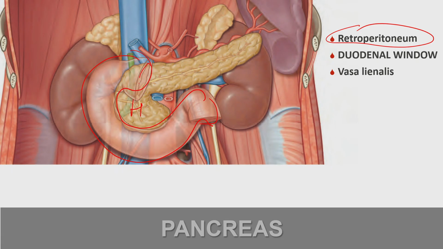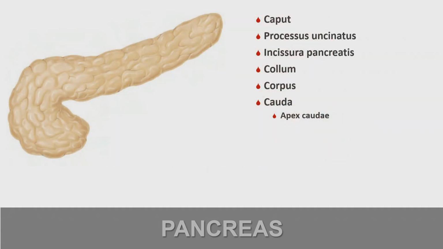And the tail and the neck are lying along the second structure, the lienal vessels. So this is the localization of the pancreas. It's localized in the midline and on the left side. The pancreas is divided into two important embryological parts. One is called ventral and the second is called caudal, dorsal.